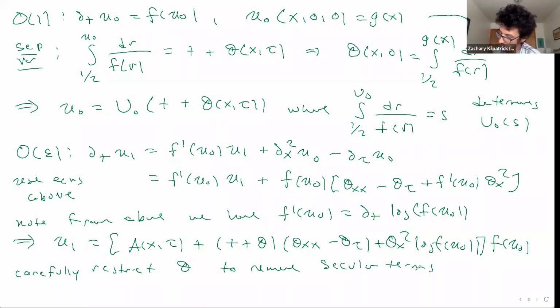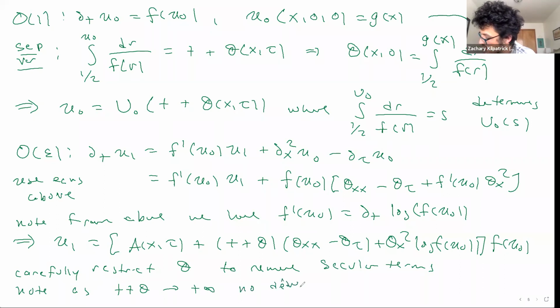Note that, first of all, as t plus theta goes to positive infinity, there is no divergence of f of u0 log of f of u0.